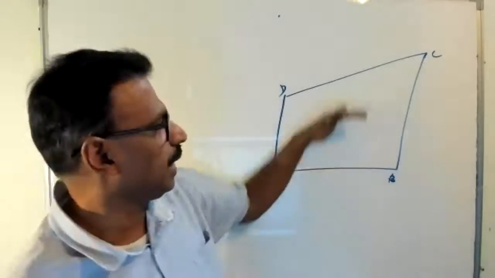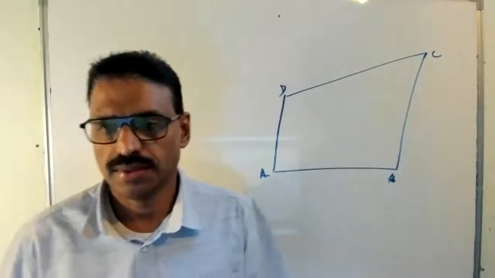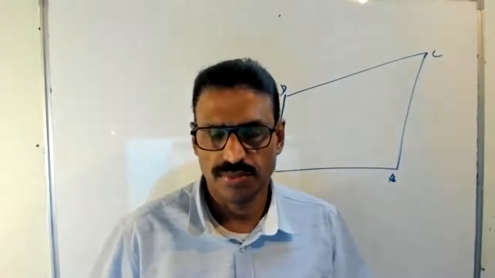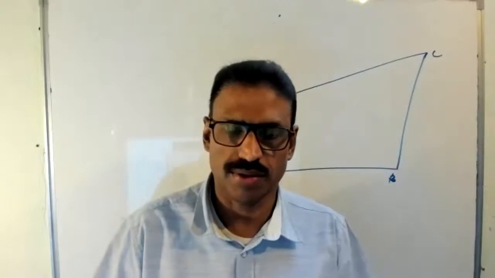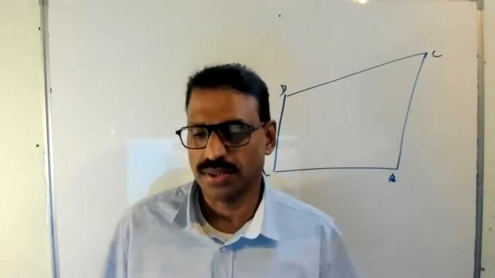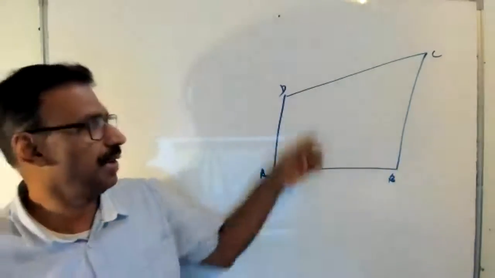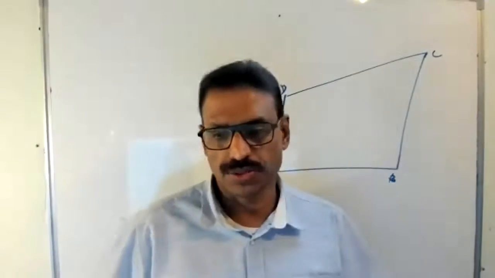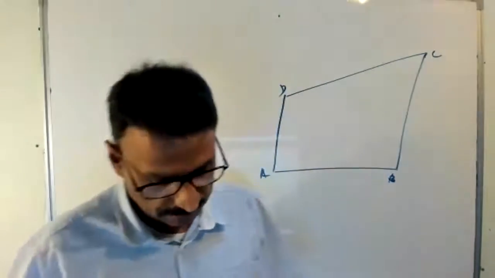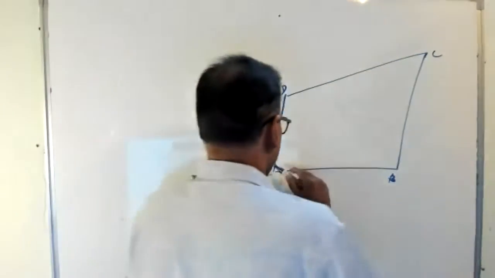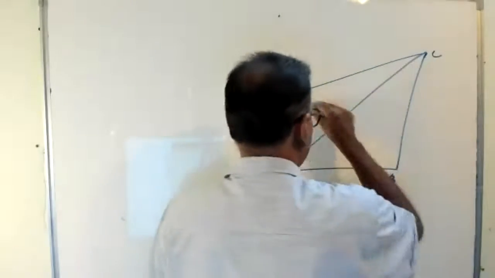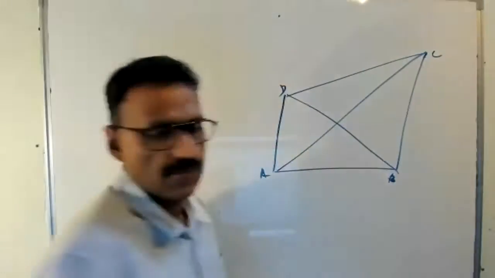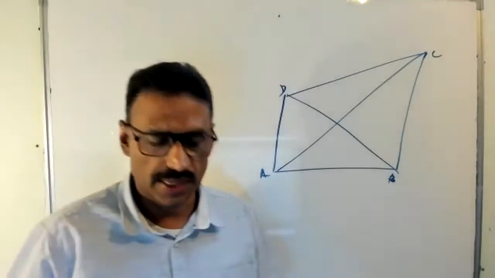What do you call AB and DC? They are called opposite sides. AB and CD are opposite sides. AD and BC are opposite sides. Then what do you call this one? Diagonals.